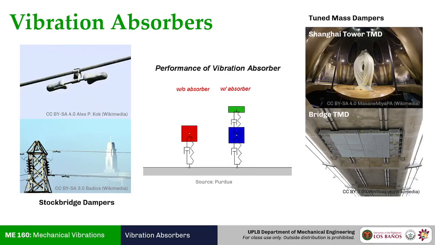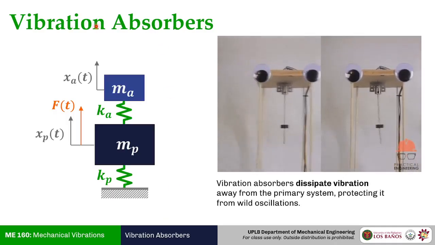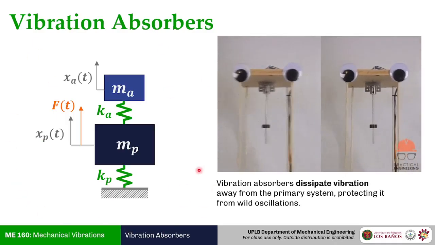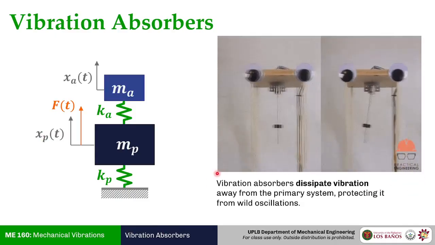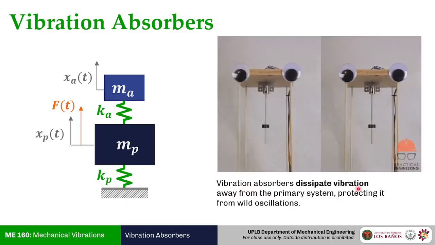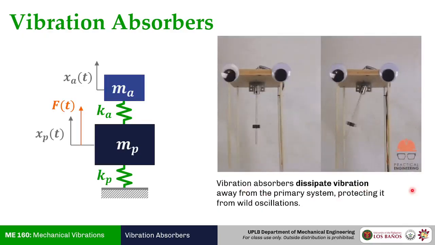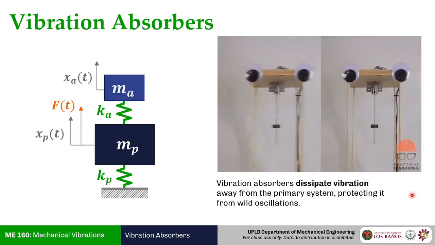So, when it comes to vibration absorbers in ME160, we're only looking at this particular model. So, this comparison from Practical Engineering, his YouTube videos are actually very good, demonstrates how vibration absorbers dissipate the energy from a base excitation.